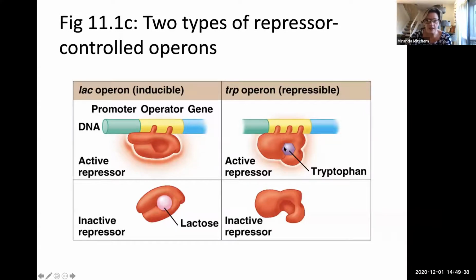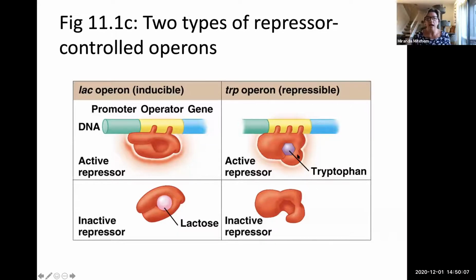When tryptophan is present, it binds to the repressor, which activates the repressor, allowing it to bind onto the operator, and then we would not have transcription of the trp operon, because the RNA polymerase, which would bind to this green portion here, the promoter, is blocked by the presence of this active repressor.